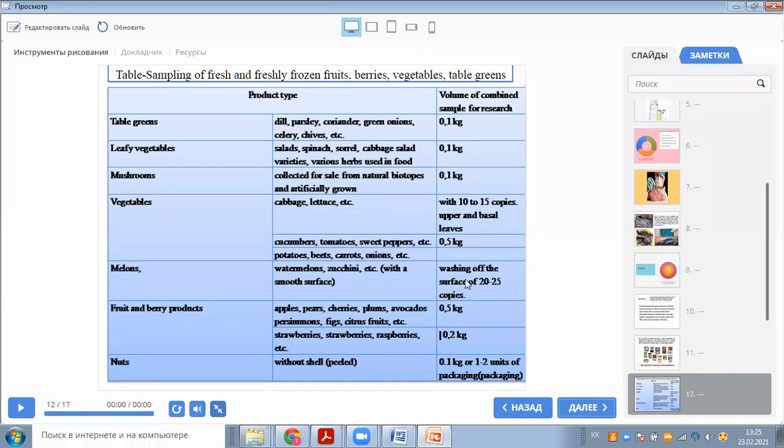We take 20 to 25 copies and wash off the surface. From fruit and berry products, for example, apples, pears, cherries, plums, avocados, citrus fruits, and other types of fruits, we can take 0.5 kilos. And from nuts, without sugar, we take 0.1 kilo or 2 units of packaging.